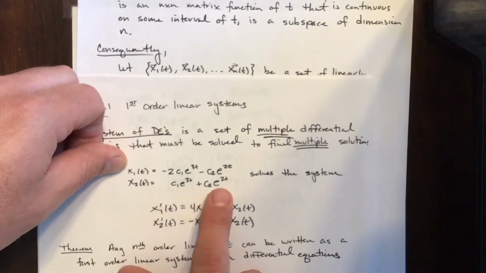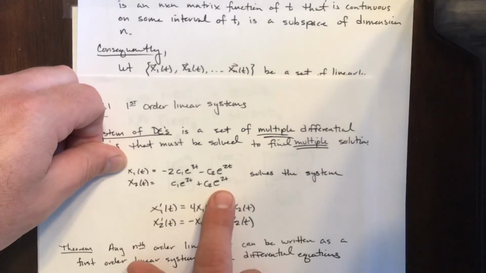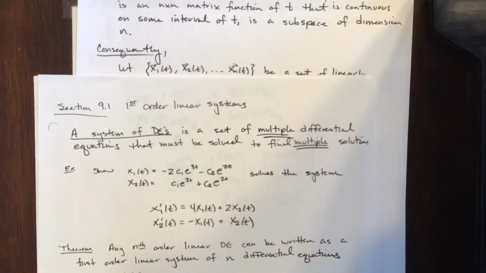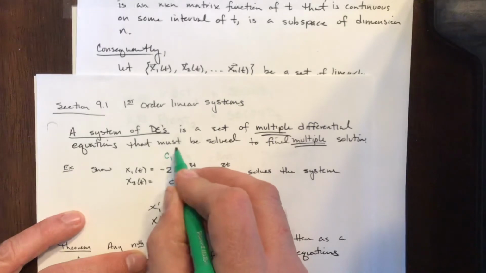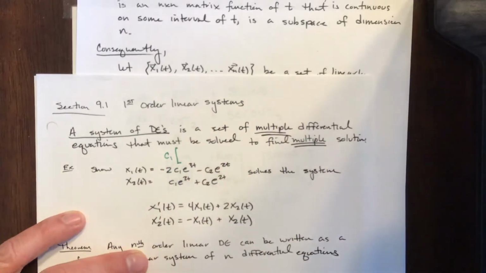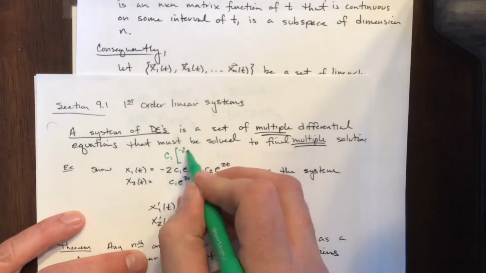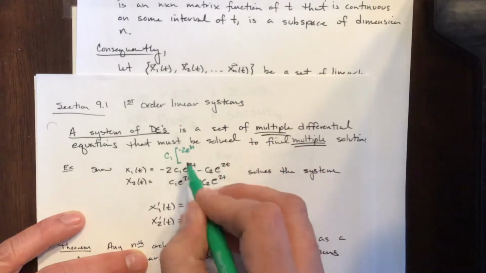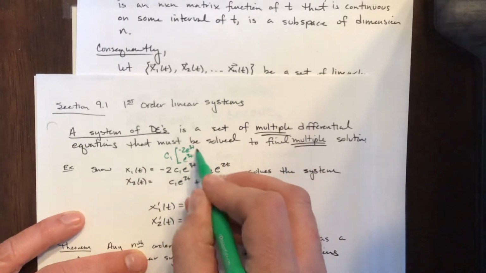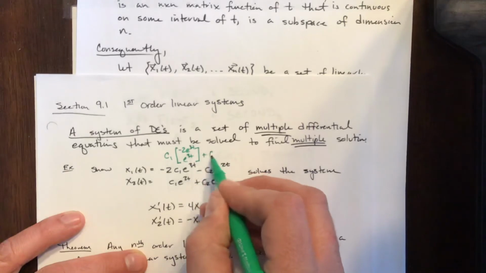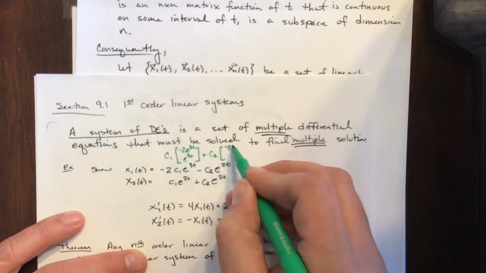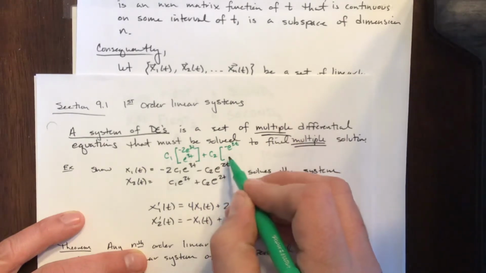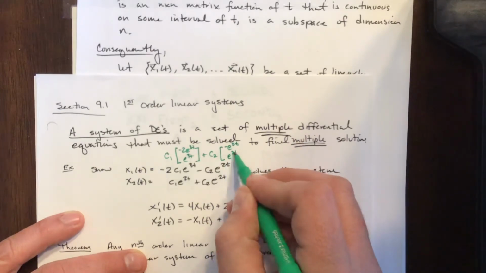Now, each one of them has a separate component, a first component and a second component. The first component looks like c1 times negative 2 e to the 3t and e to the 3t, plus c2 times negative e to the 2t and e to the positive 2t.